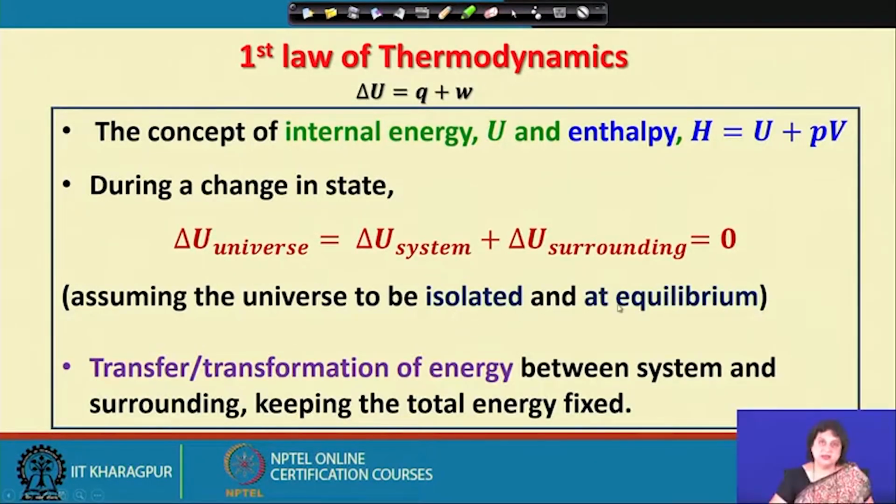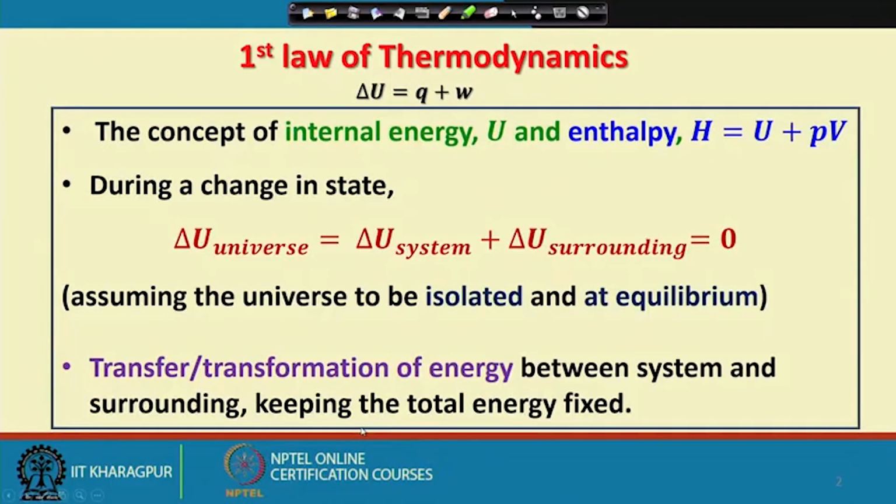In other words, when the universe is isolated and at equilibrium, its total internal energy remains constant. And therefore, the first law suggests that when a system is undergoing some change in state, it can transfer some amount of energy between itself and the surrounding, whereas the sum of internal energy of the system and the surrounding remains the same.